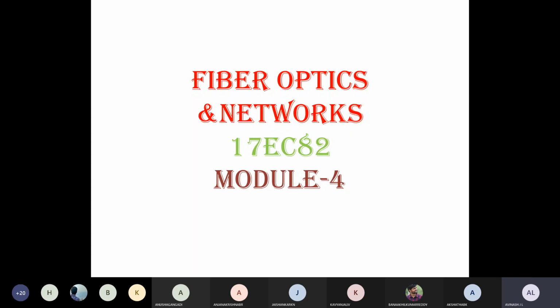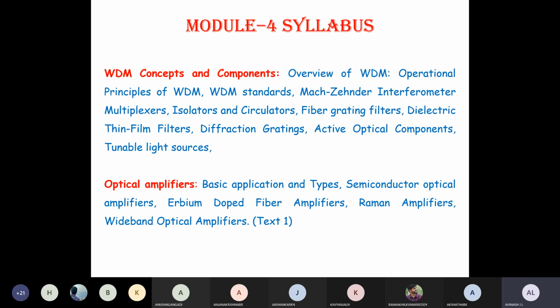Today we'll start with fiber optics networks, module number 4. In this module, syllabus-wise, we are discussing WDM concepts and components. What do WDM concepts and components mean? WDM stands for wavelength division multiplexing. So here, how is wavelength division multiplexing going to happen?